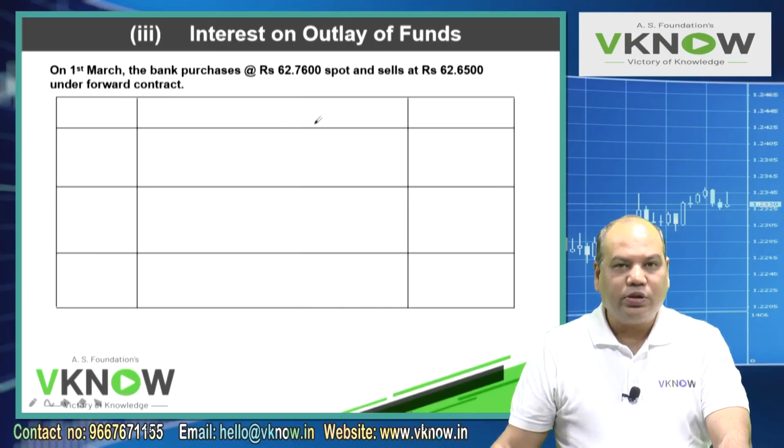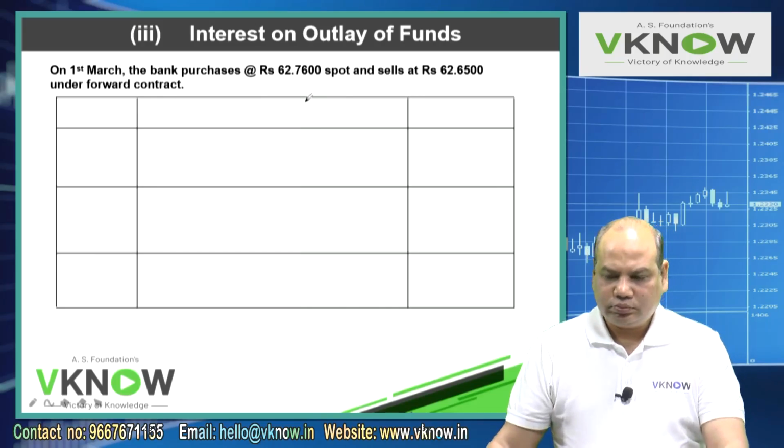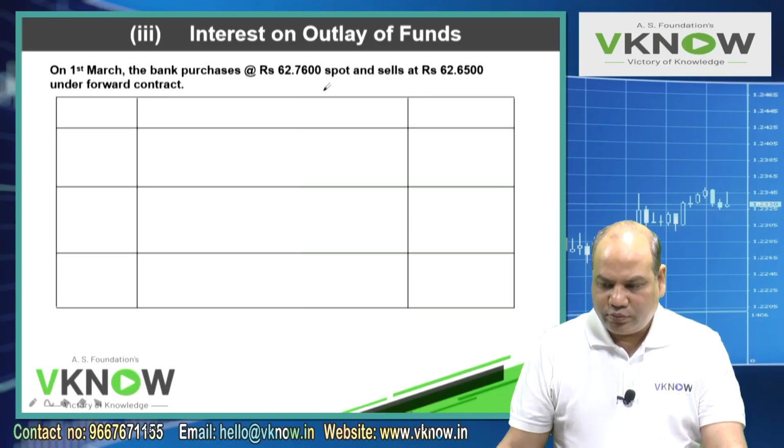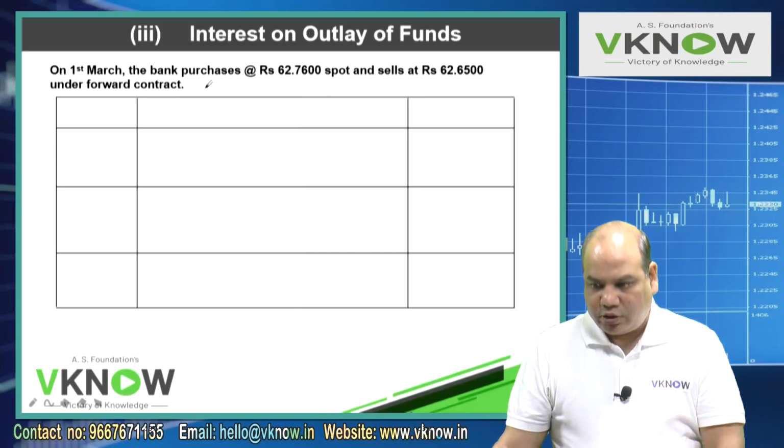Under that, write: on 1st March, the bank purchases at rupees 62.7600 spot and sells at rupees 62.6500 under forward contract.